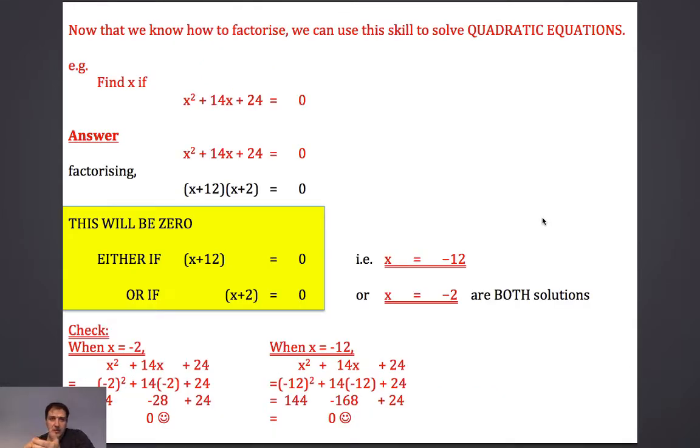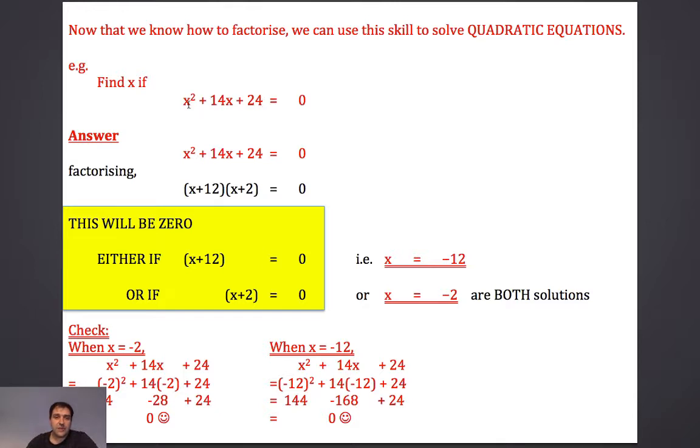Okay, well, now that we know how to factorize quadratic expressions, we can use that to solve quadratic equations. So if you see a quadratic expression, something with x squared and x's and a number on the end equal to 0, you can figure out what value of x will make that balance.